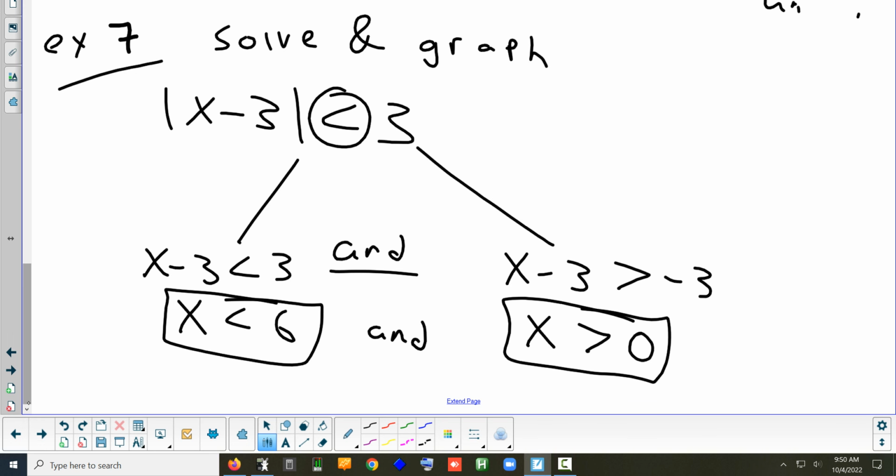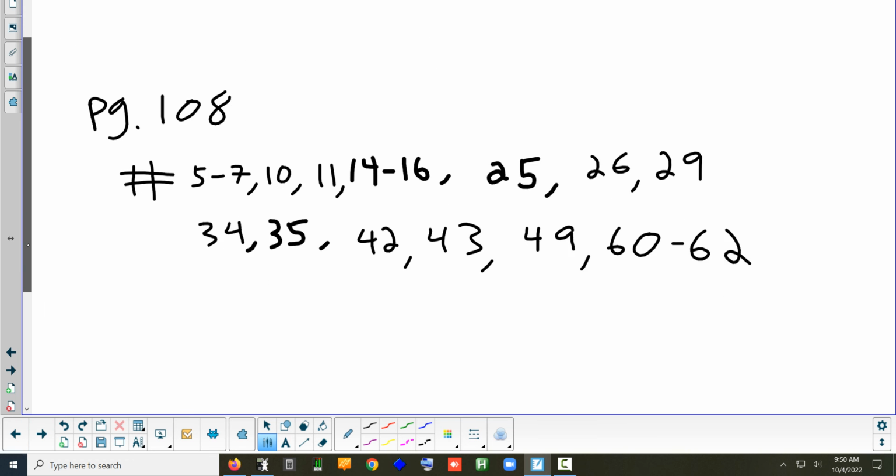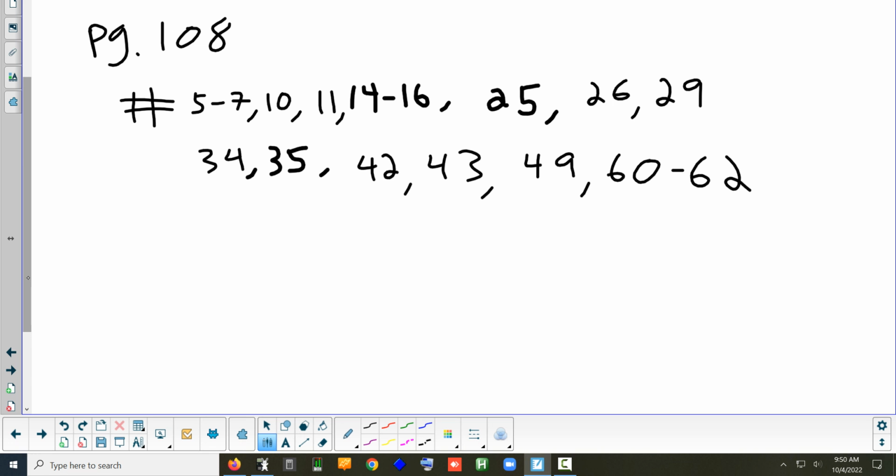So, homework for tonight. Let me just double check the page. Should be page 108 going on to 109. And let's see. Skip 34.